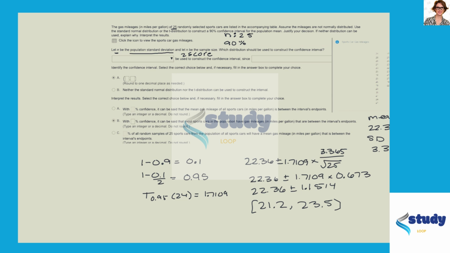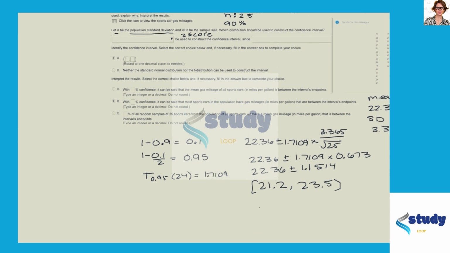So my calculations are going to change a little bit. If you have to use that, then the difference is you're going to take 22.36 plus or minus 1.645 times 0.673.